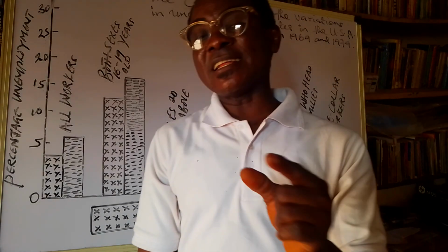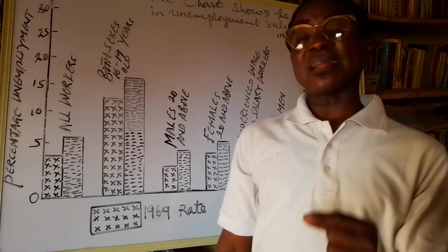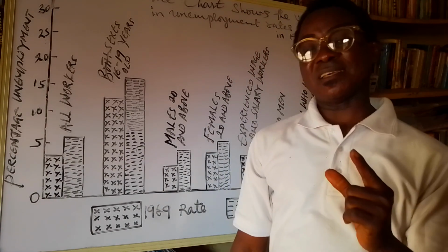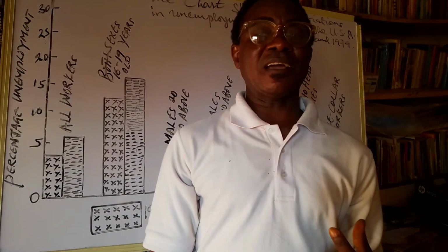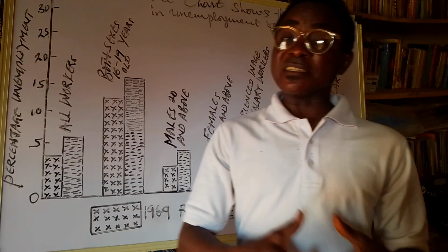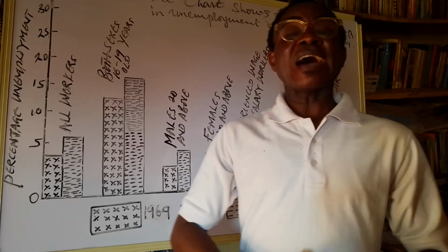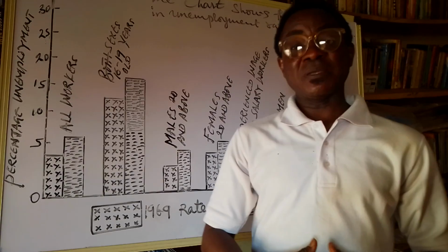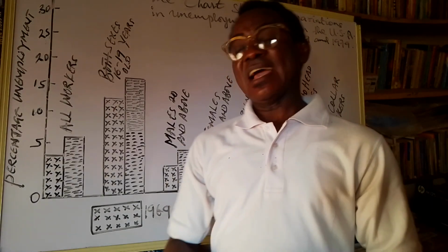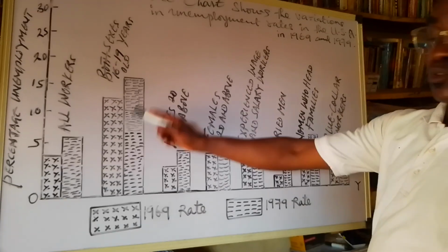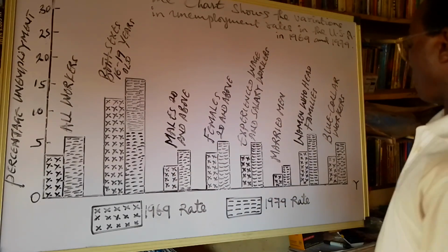In other words, teenagers recorded the highest rate of unemployment in both years, 1969 and 1979. Unemployed teenagers, people aged 16 to 19, had the largest number of unemployed people among them in both 1969 and 1979. And this is represented by the two bars that we have here.